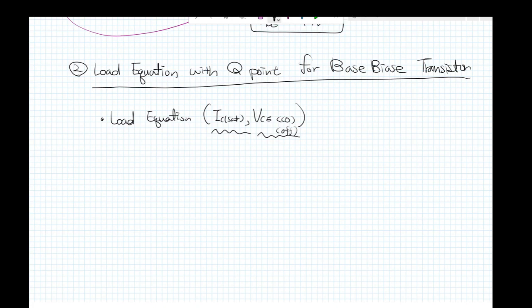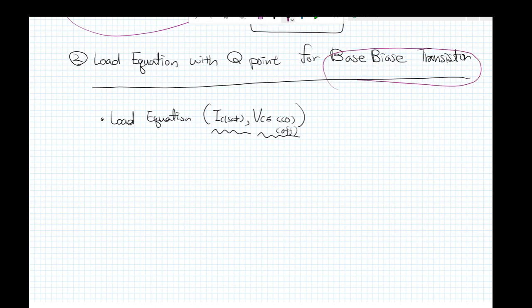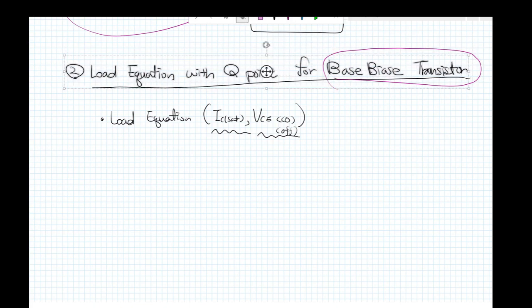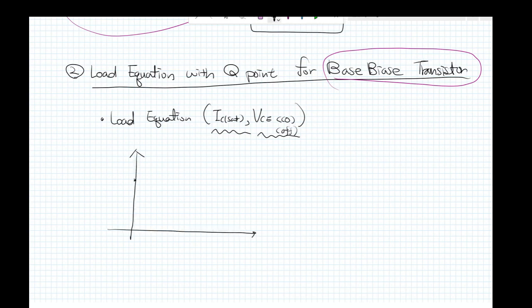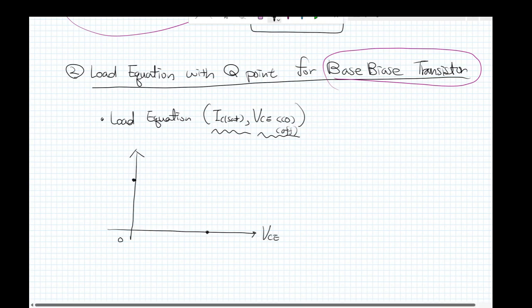So for the base bias transistor circuit, for the load equations, we have two points, as I said before: the x-axis is V sub CE and the y-axis is the collector current.